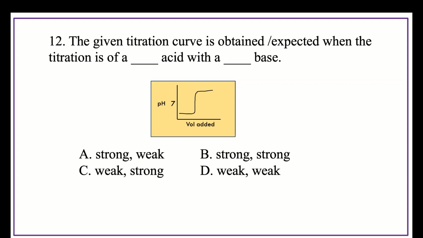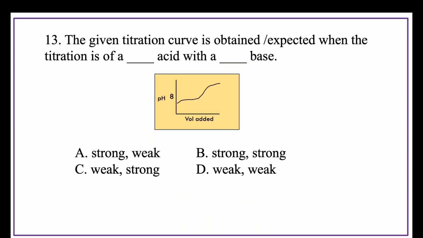And after the end point, the pH on the slope is above 7. The neutralization point, as we can see, is near 7, and above that it is because of the basic nature of the solution. So it is actually the titration of a strong acid with a strong base, where we can always find this sharp change in the pH value. So it is a titration of a strong acid with a strong base.